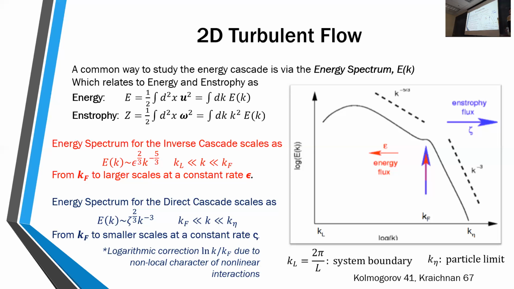Additionally, for the rotational driving it right here, there will be a direct cascade, and the power law for that energy should match that -3. There's a logarithmic correction that I don't have in my slides. I put it in there, but that's basically what we're looking for. I want to see if I can match those things to make sure it's working right.